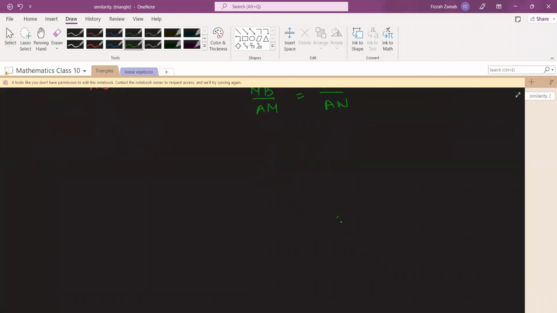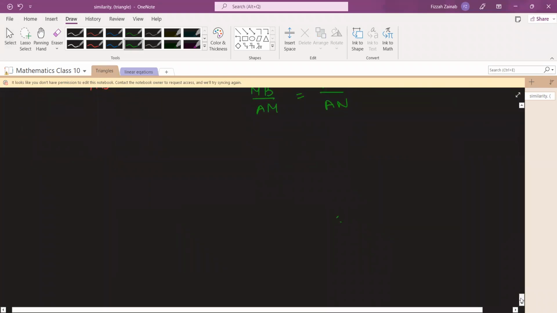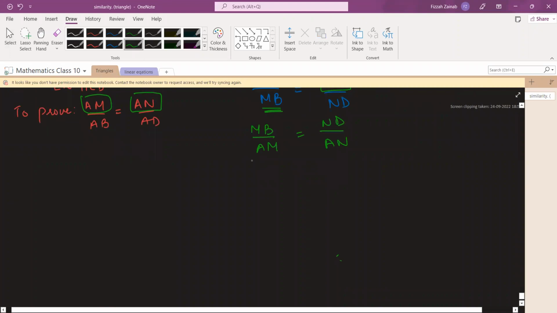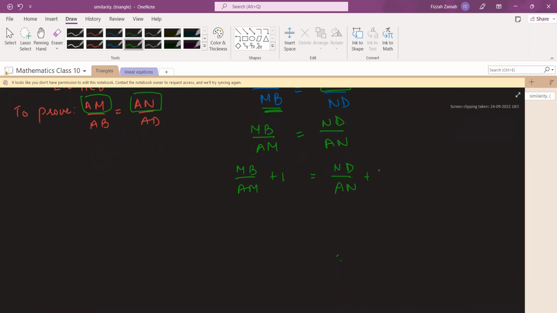Okay, stop. See my screen. Now add 1 both sides. So MB upon AM plus 1 is equal to ND upon AN plus 1. Now you take LCM. LCM will be AM, so AM is already here, so it is only MB plus AM, since you have 1 here.